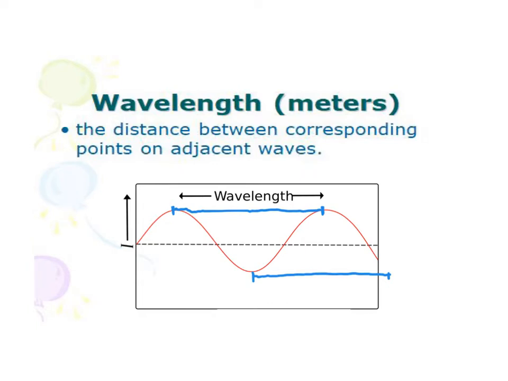Wavelength is measured in meters. Sometimes they talk about nanometers, but we're not going to be looking at that today. We're just going to be looking at meters. Now, there is a symbol that stands for wavelength, and it's this Greek symbol called lambda. So lambda is wavelength.